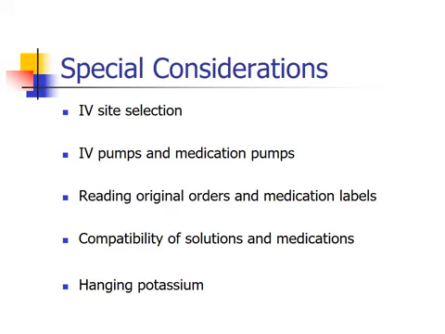Also, if they have a favorite sucky thumb, or young children like toddlers, we tend not to put them in the feet or legs because they're mobile at this age. So again, you want to pay attention when they're starting the IV, and know what's an appropriate site that's best for that child's development.